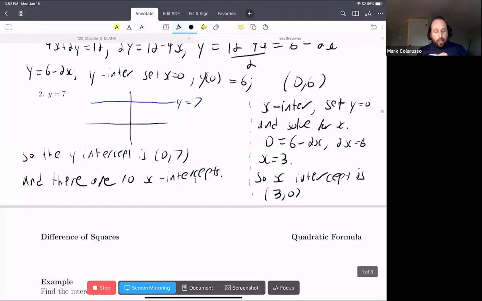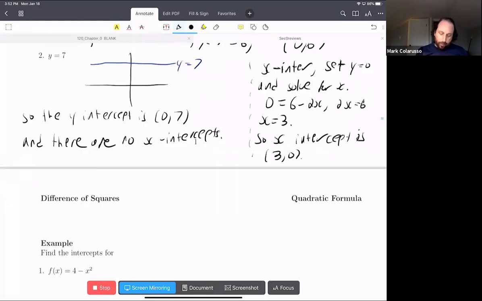So that's an example of this horizontal line at height 7. If you plug in, the output is always 7 no matter what you plug in, but you can just see it from the graph. Horizontal line, height 7, y-intercept 7, no x-intercepts.